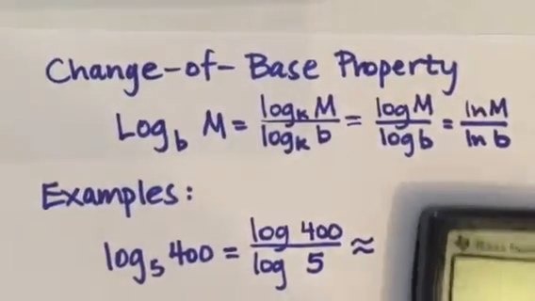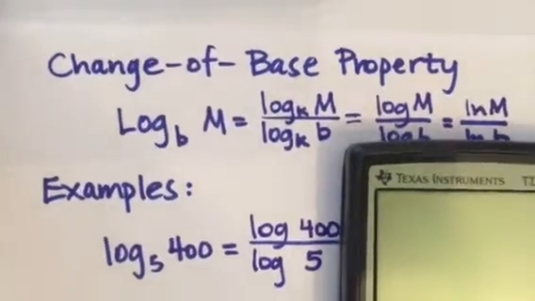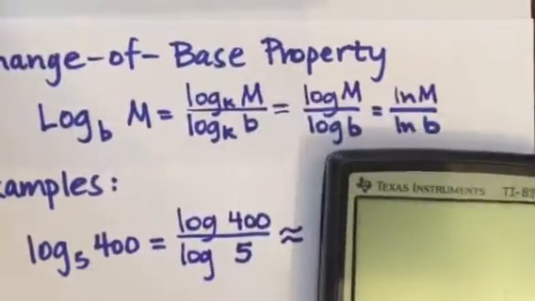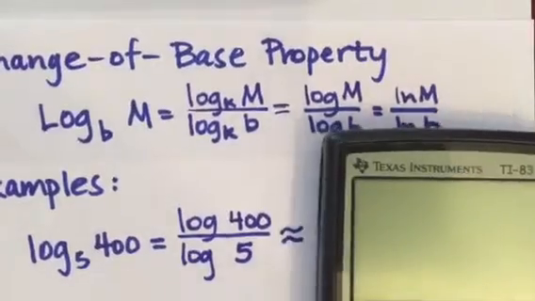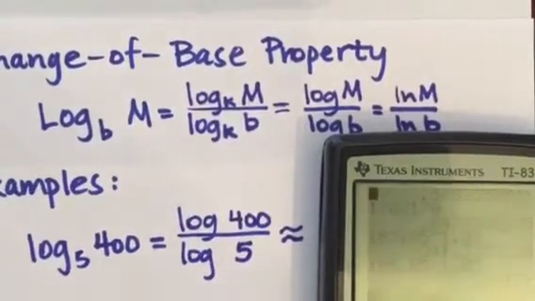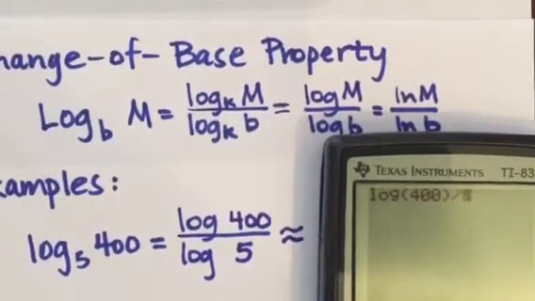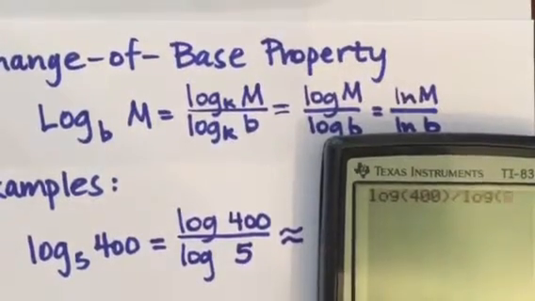So I'm going to do that here. I'm going to actually move this a little bit so that we can see both the calculator and this at the same time. So let's go ahead and clear that. And I'm just going to take the log of 400 and I'm going to close up that argument, and I'm dividing that by the log of 5.